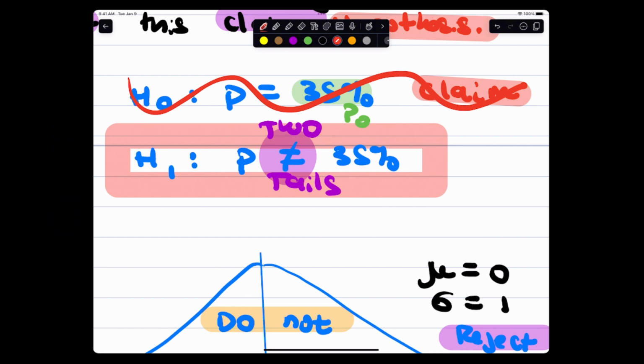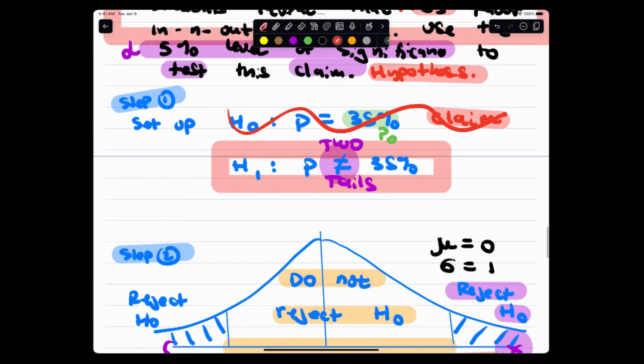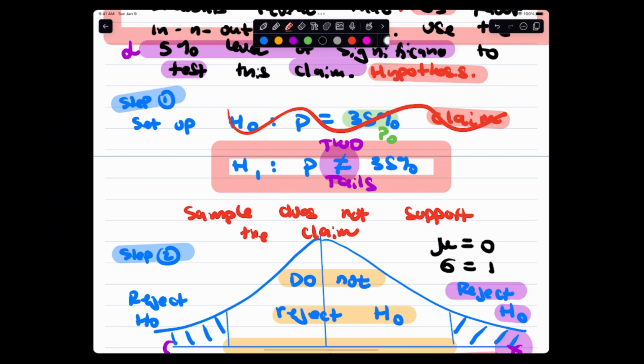I'll write it right here. What this means is, since you got rid of the claim, the conclusion is the sample does not support the claim. Your sample doesn't support it.